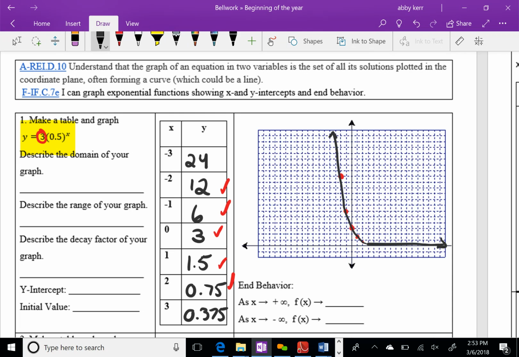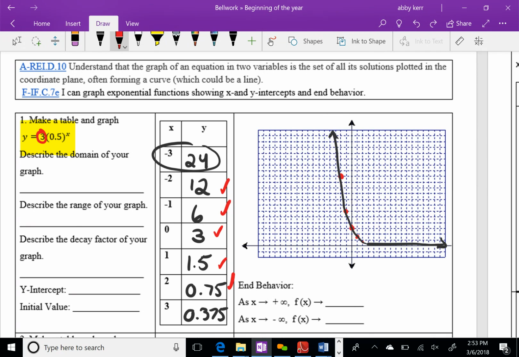So that's what we're really looking for. And now I understand that you can't plot -3, 24, but this arrow should lead to where 24 is on the graph. So you just don't want to do a straight line, which I've seen. So you don't want to just do a linear line up there. That would be incorrect.